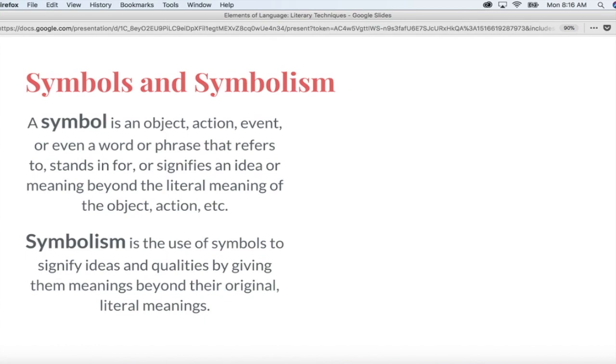Note that the key to analyzing symbols is to recognize that the context in which the author includes them may be different from a reader's understanding of the symbol. So it is important to place the symbol in the context of the work as a whole, and maybe even to think about how it's similar to or different from what you normally associate the symbol with.